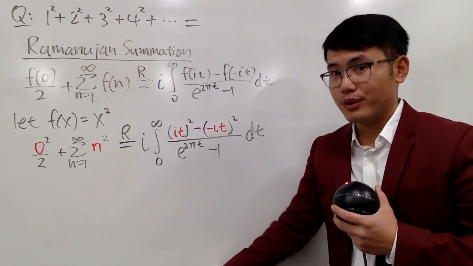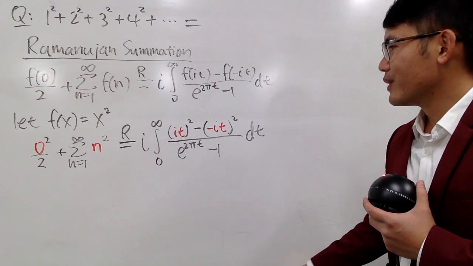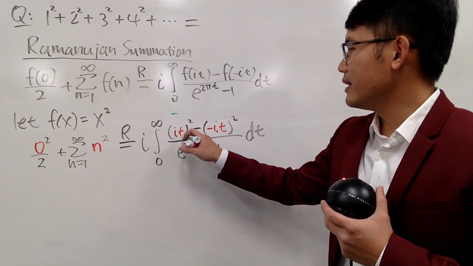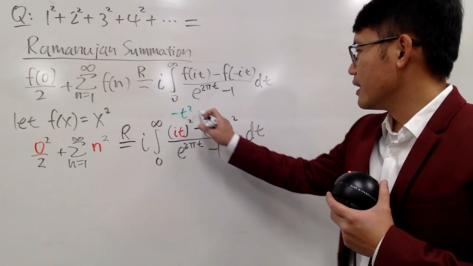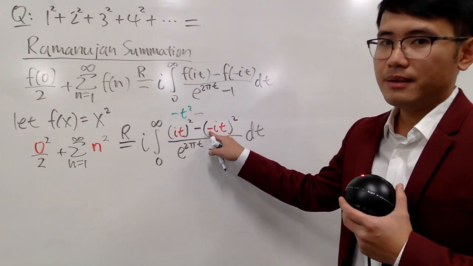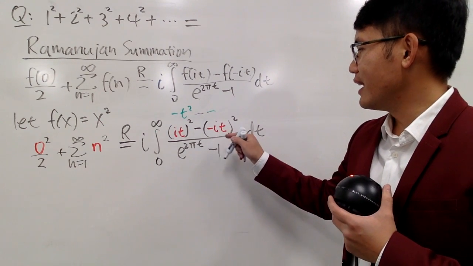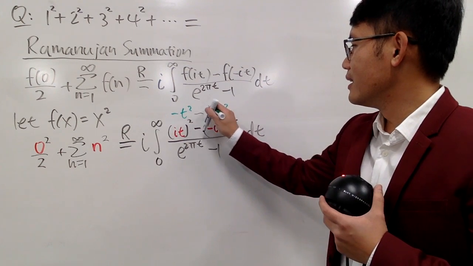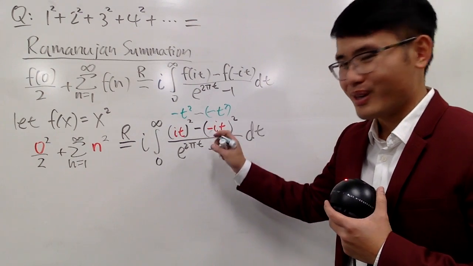Here is the beauty for this particular one. Well, you can work out the top. i squared is negative 1, and then you have the t squared, and then this is the minus. And then negative squared is positive, i squared is negative, and then you have t squared as well. So you have negative t squared plus t squared, which is 0.